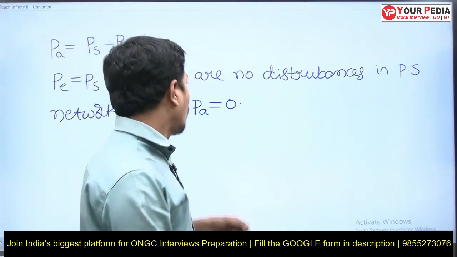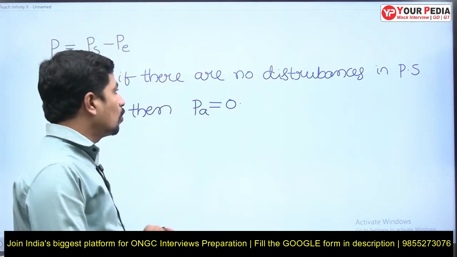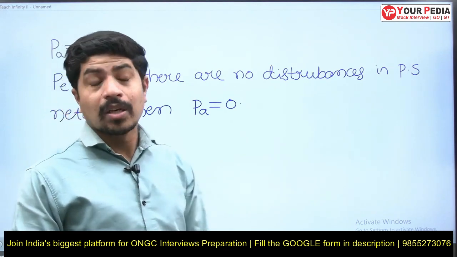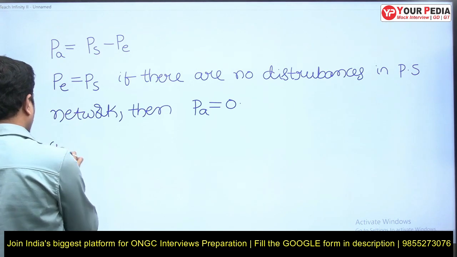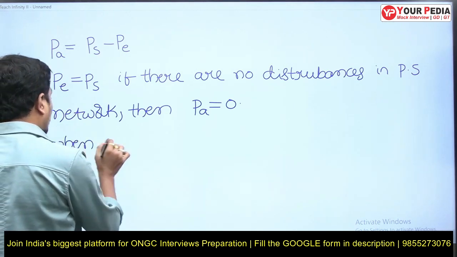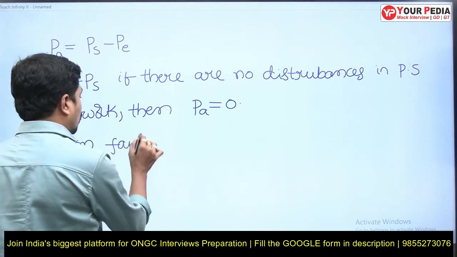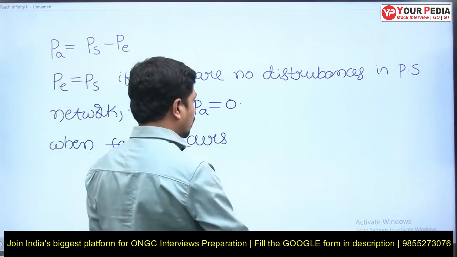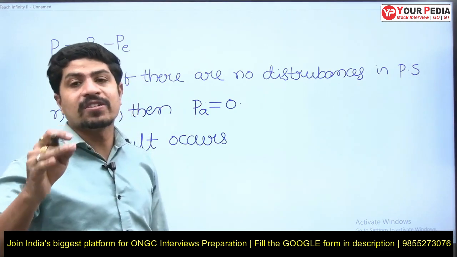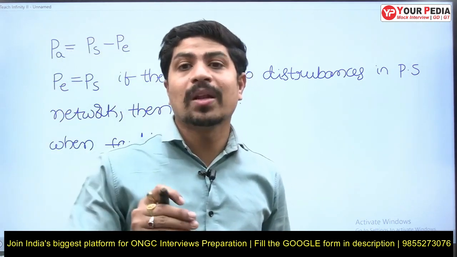Now observe here, acceleration power is equal to 0. But when a fault occurs, for example, I am taking a three-phase fault, a triple L or triple LG fault.